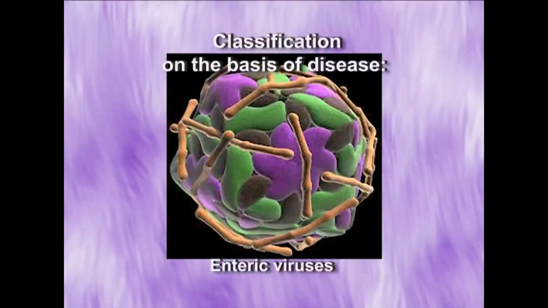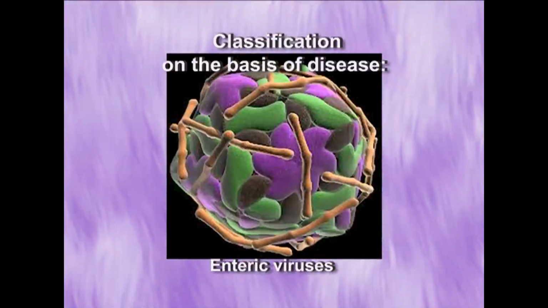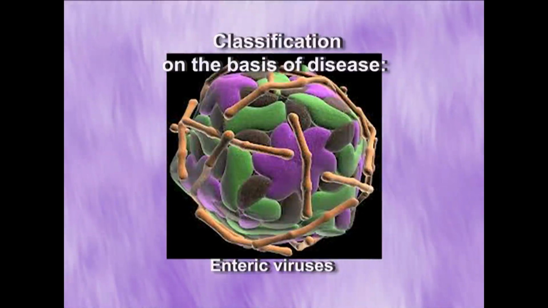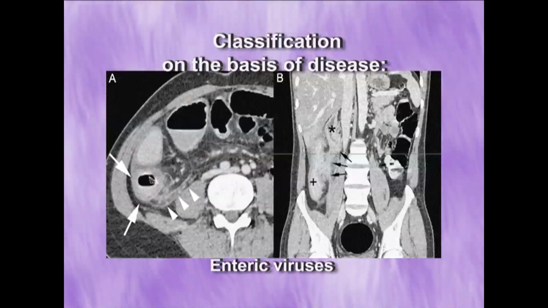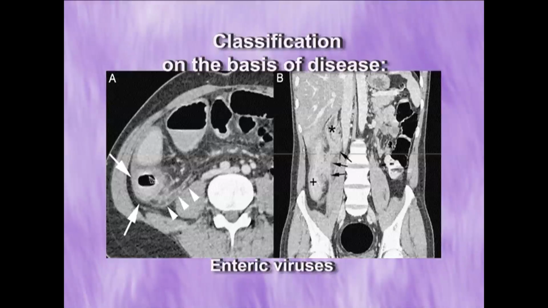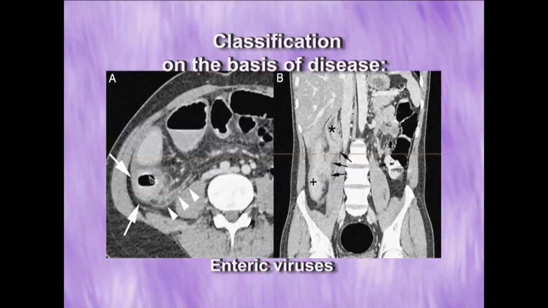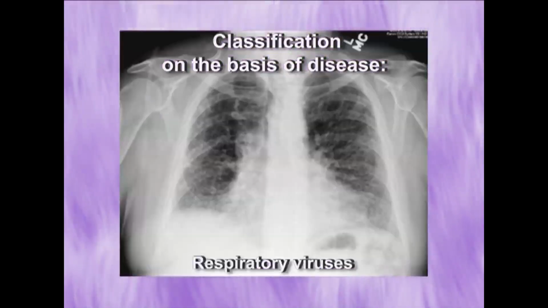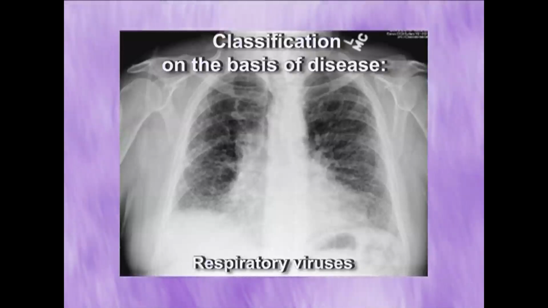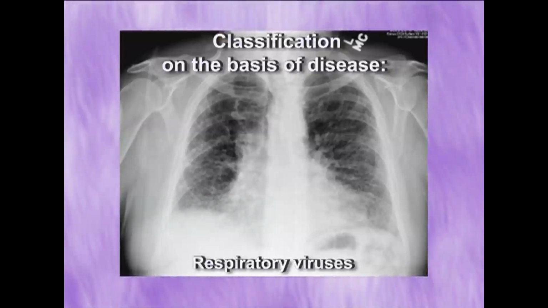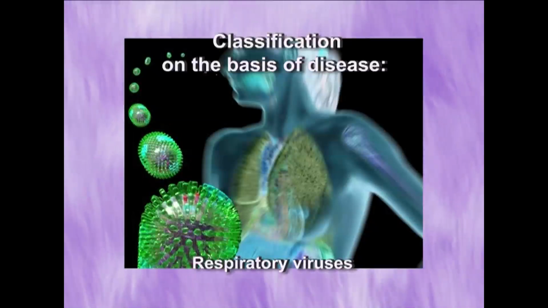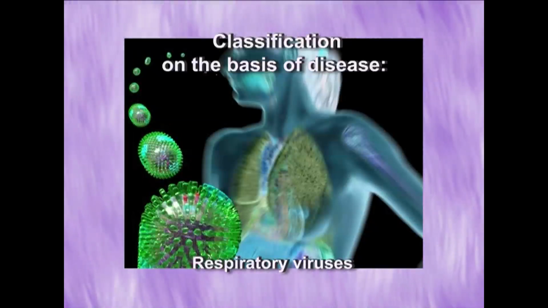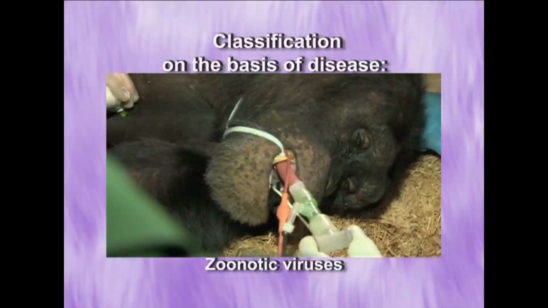Number one is called enteric viruses, or viruses that cause enteric disorders, which replicate inside the enteric system of human beings. The second class were those that cause respiratory disorders, called respiratory viruses. Third was called zoonotic viruses.